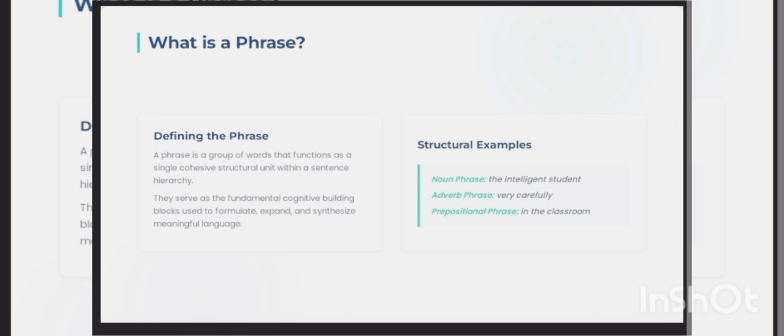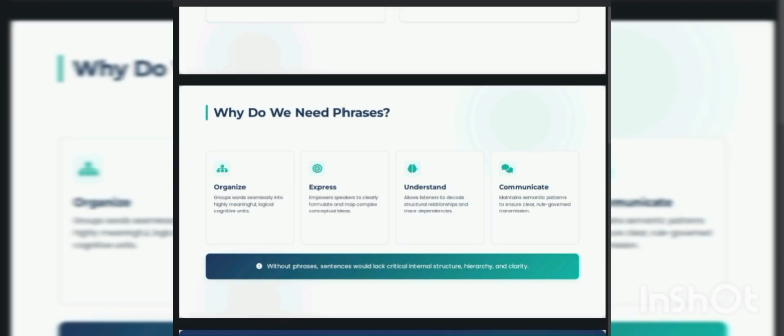So now the next question is, why do we need phrases? The answer is, there are four major reasons. The first is organization. Phrases help organize words into meaningful units. Without phrases, language would appear chaotic and difficult to process. The second is expression. They allow speakers and writers to express ideas accurately and efficiently. Complex meanings can be conveyed through well structured phrases.